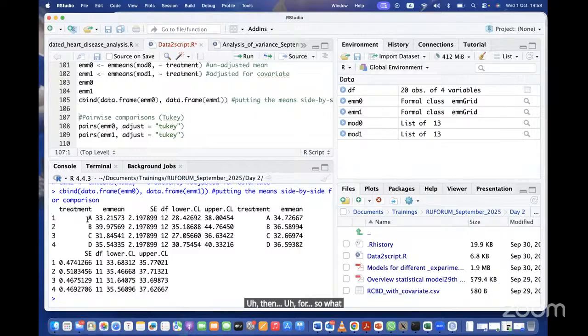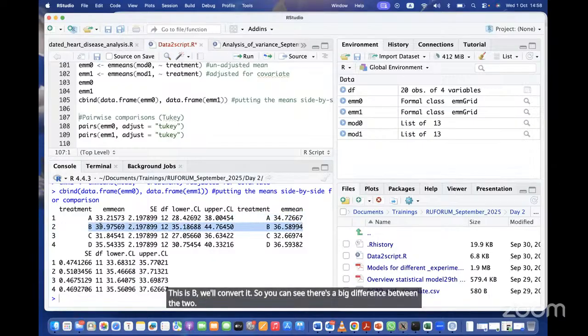So what we're comparing here is the mean for A with the model without the covariate. This is the mean with the model with the covariate. This is for B without the covariate. This is B with the covariate. You can see there's a big difference between the two.